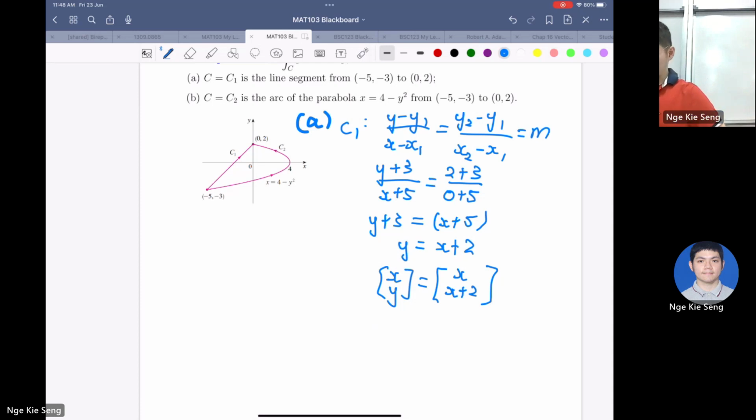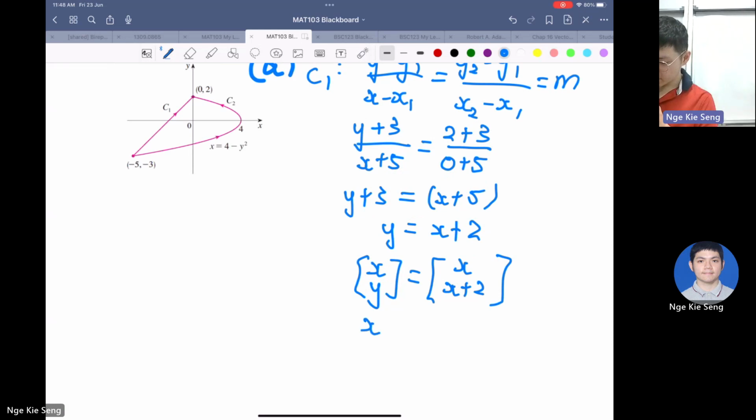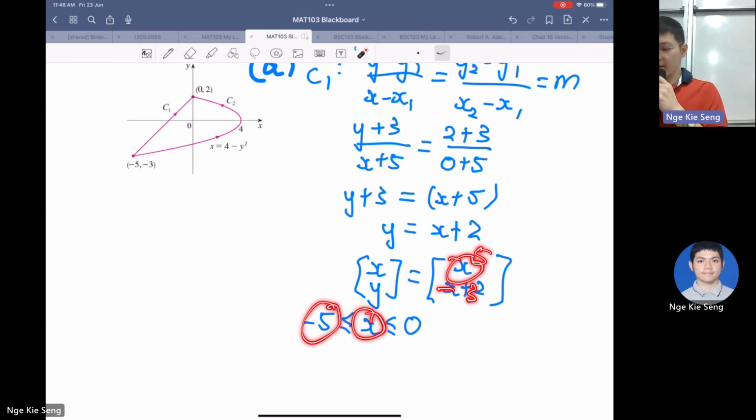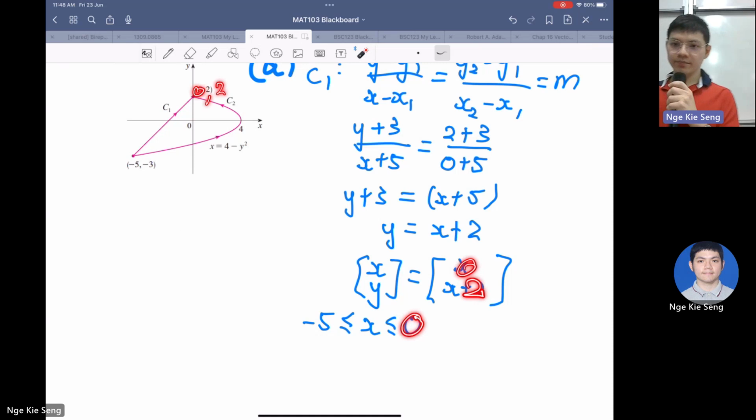Does this work? So x goes from where to where? What's the range of our x? From -5 to 0. So let's check whether this gives the line we want or not. When x equals -5, what do we have? -5 and -3, which is this point here. How about at 0? We have 0 and 2. So the endpoint is 0 and 2.